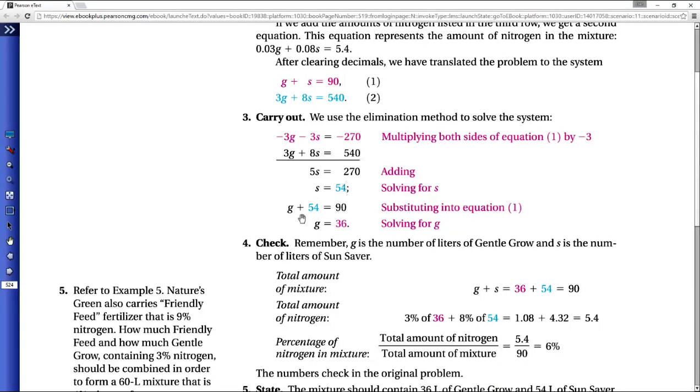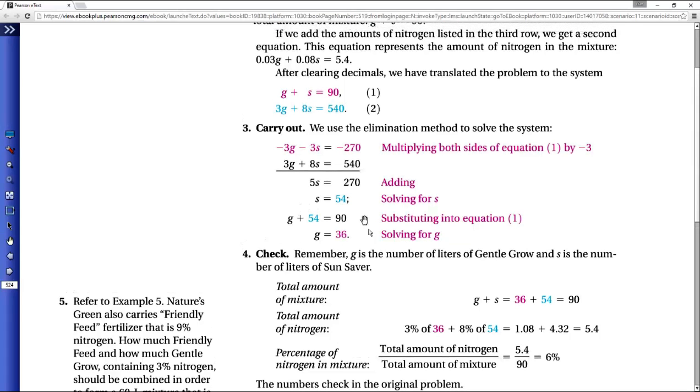So they go through and they solve basically that situation. With the elimination, we get s as one variable solved. You get s is equal to 54. Put it back in one of these equations, and I get g is equal to 36.